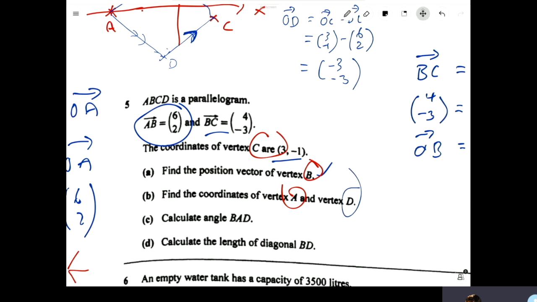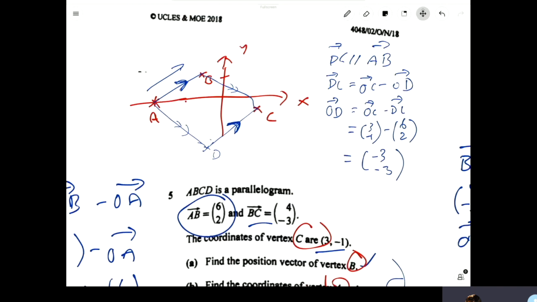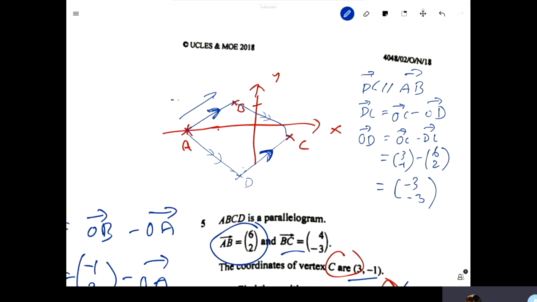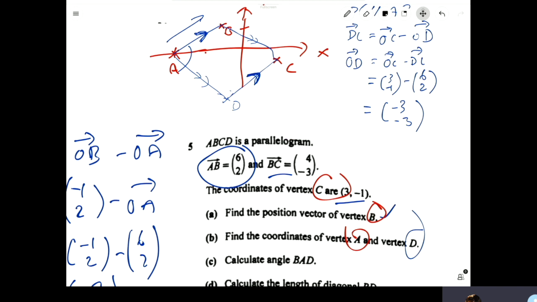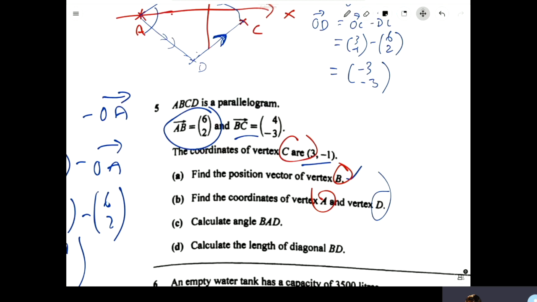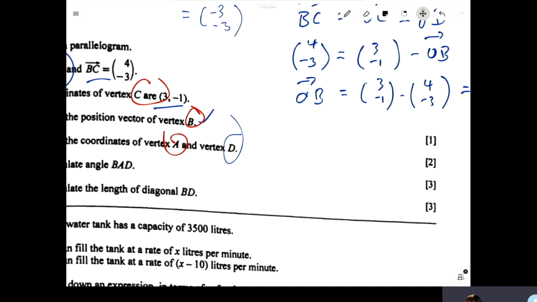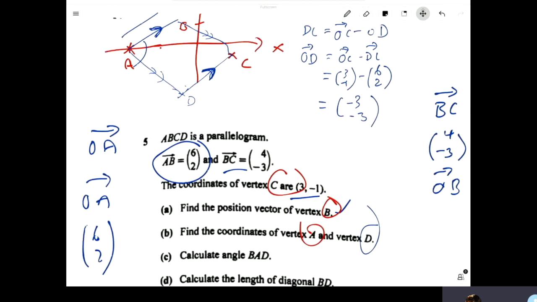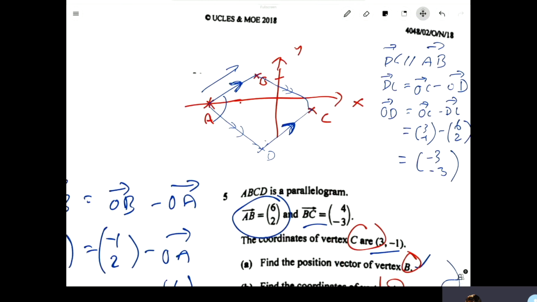Next, calculate the angle BAD. So BAD is right here. How do we calculate angle BAD? Wow, how many marks is this? 3 marks. Okay, how to find BAD?